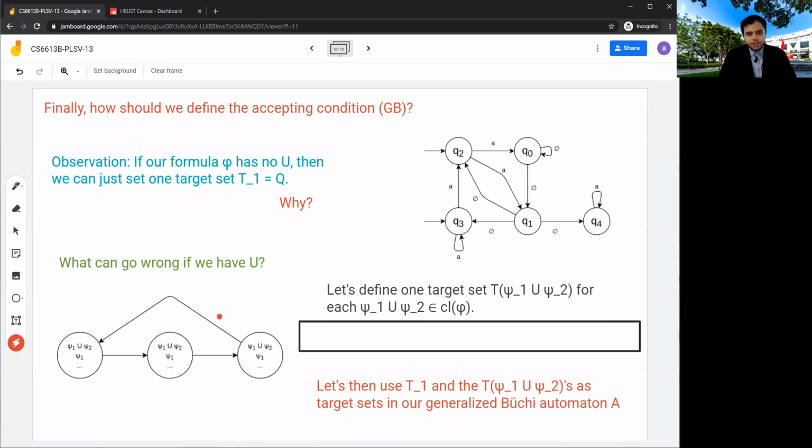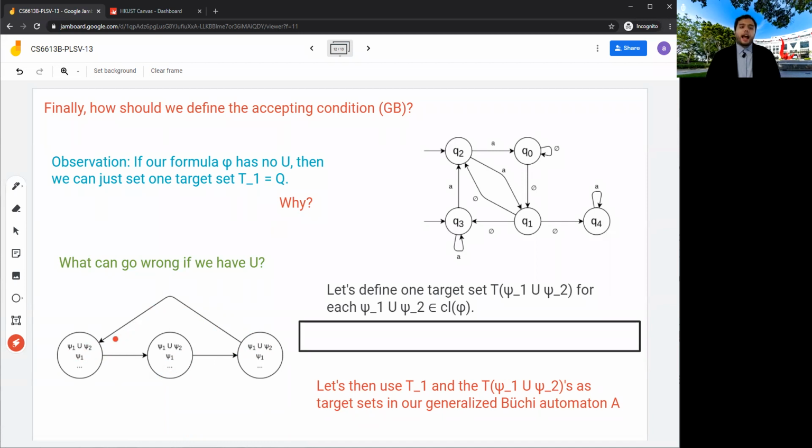And then I can just continue with this. And then I can go into a cycle. So basically, at every step, I can say, okay, I will satisfy psi1 until psi2 by staying in psi1 currently and hoping to see psi2 sometime in the future. But the problem is that I have a cycle, so I never actually see psi2.